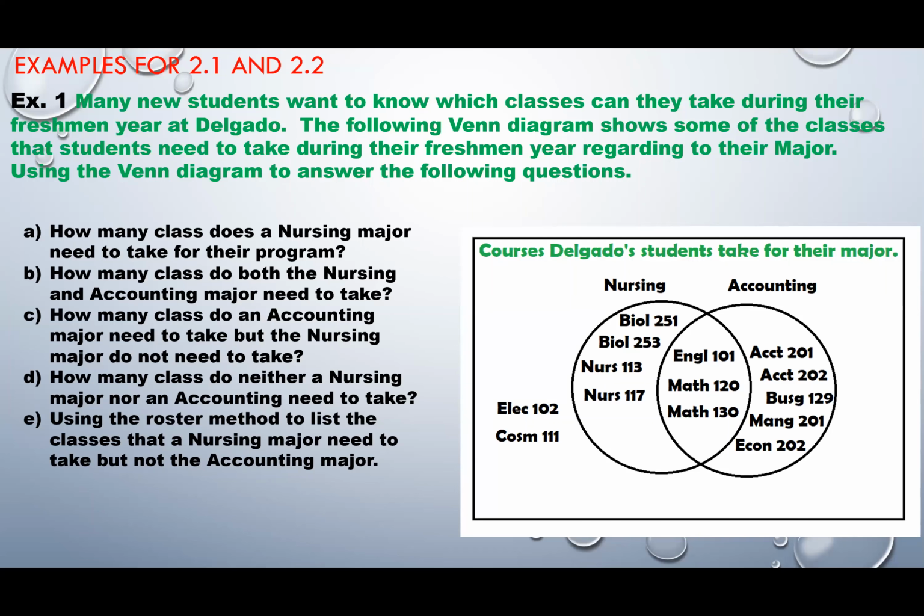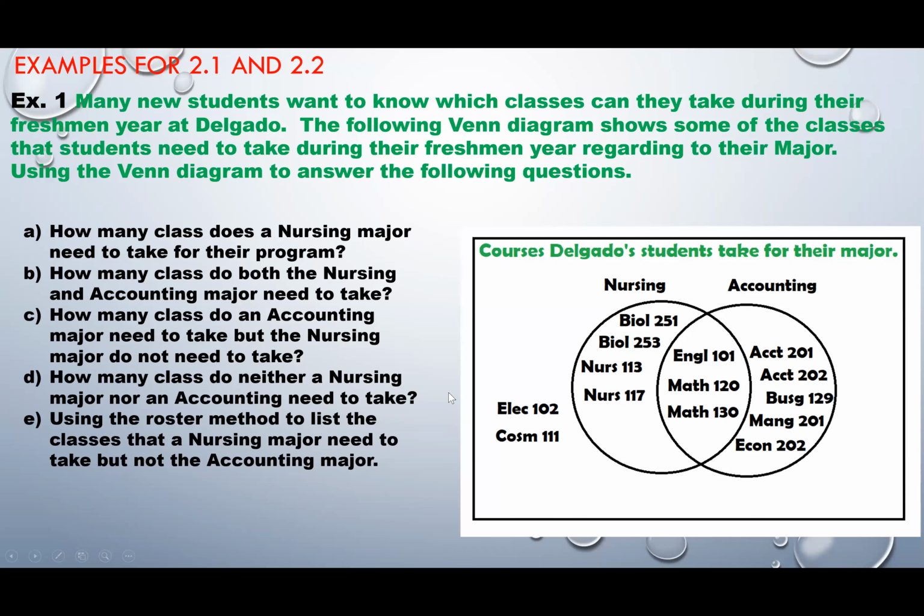These are the courses that you can take as your freshman year in nursing and in accounting, hypothetically. Instead of set A, I have a nursing set. Instead of set B, I have an accounting set. And this is all of the courses that Delgado offers, which includes electrician and Cosmo, right?